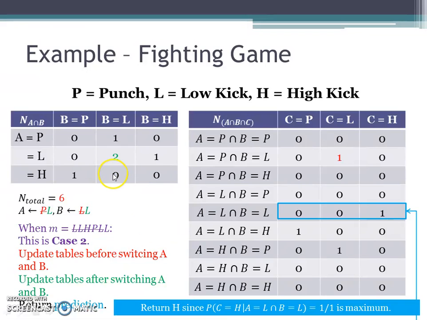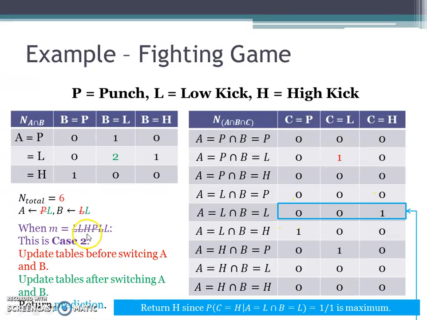Now to make a prediction, we will look at, given the fact that the previous two strikes are two L's, what prediction can we make? This time, we have a value that is higher than the other two strikes. So what does that mean? That means the prediction is going to return high kick, which is H. Why will this be returned?